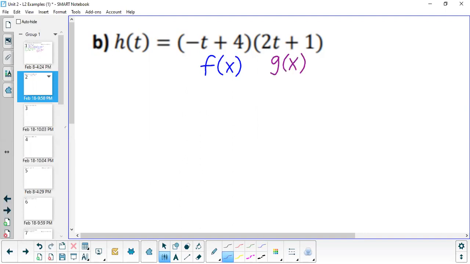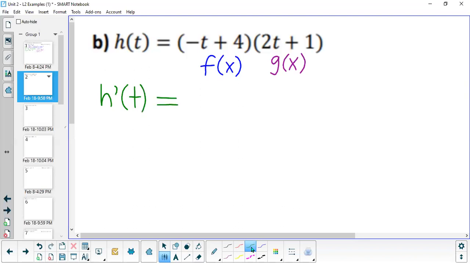Now this time, I'm not going to show the calculations of the derivatives on the side. I'm just going to apply the product rule like I would on a test. So left-hand side, I no longer have the original function. I have the derivative function.